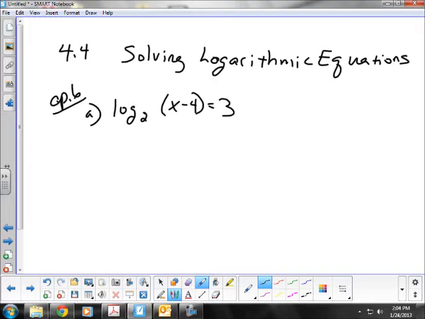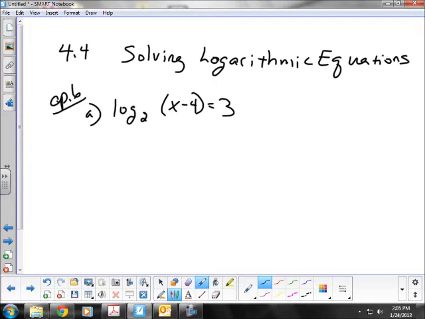So the way that you solve these problems is that you take it completely out of the log process. In other words, that part of the test that we did, and some of you didn't do so hot on this, so y'all may need to practice this, is we're going to use the definition of logs, and we're going to rewrite this as an exponential equation.